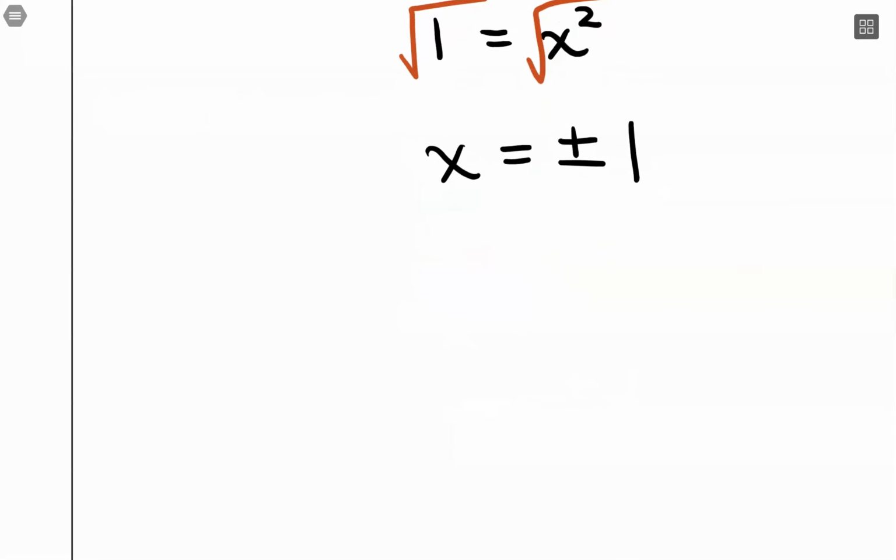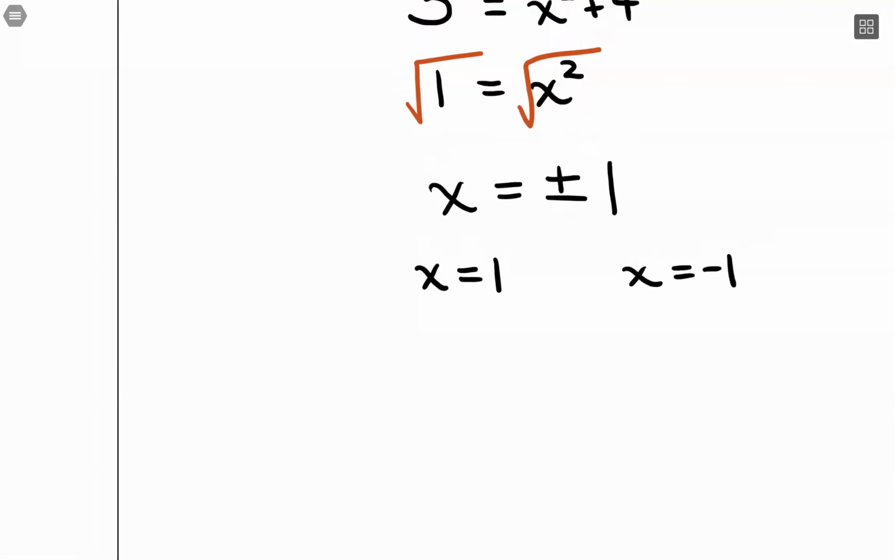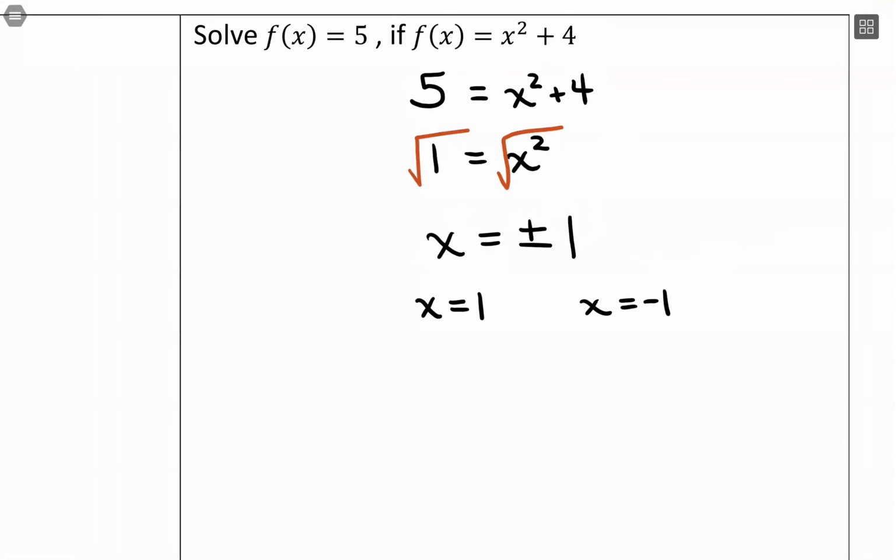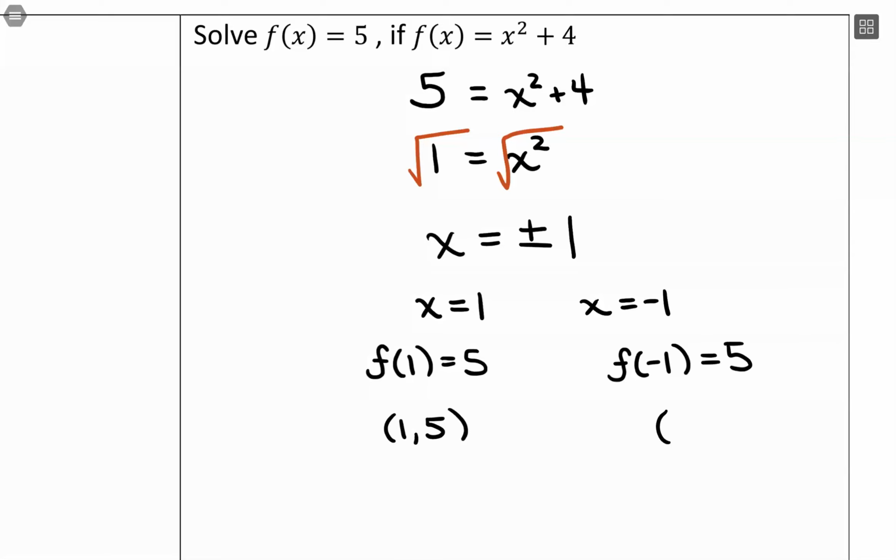So notice here that I actually end up with 2 solutions. X could be positive 1, and x could be negative 1. So in my function notation, how I would write that is f of 1 equals positive 5, f of negative 1 equals positive 5. Or another way would be to write it as the points (1, 5) and (negative 1, 5).